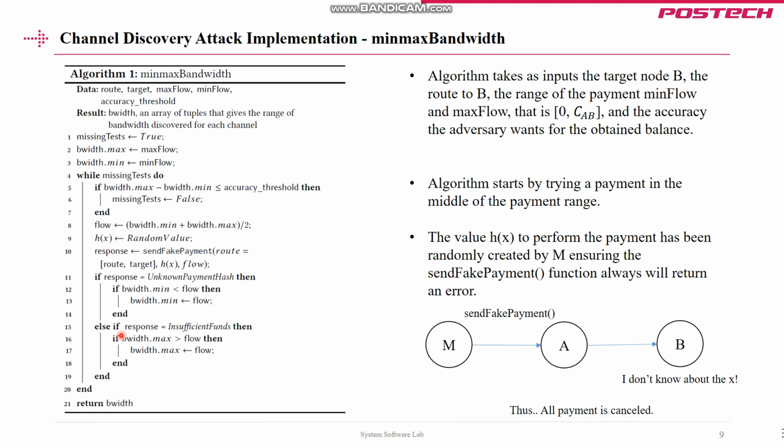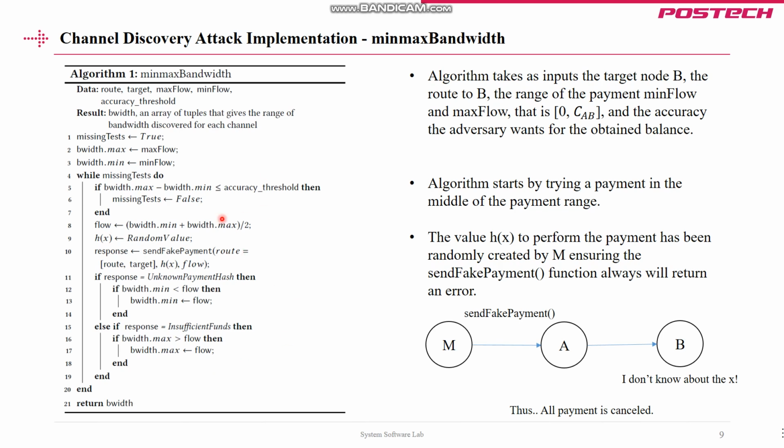And if the response message is insufficient funds, then the payment could not pass through channel A to B due to insufficient funds. So in this case, the maximum bandwidth is modified. Since the adversary cannot get any further information, the new maximum and minimum values are those of the channel that produced the failure message, which had the lowest index in the route.